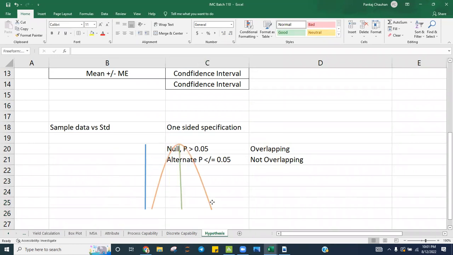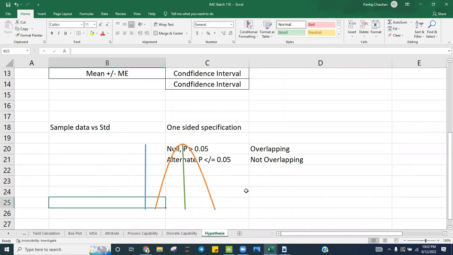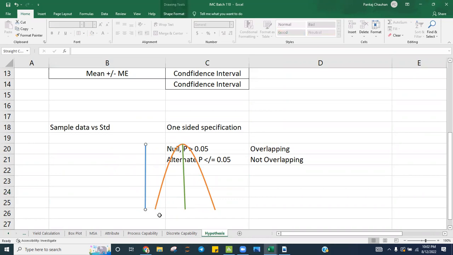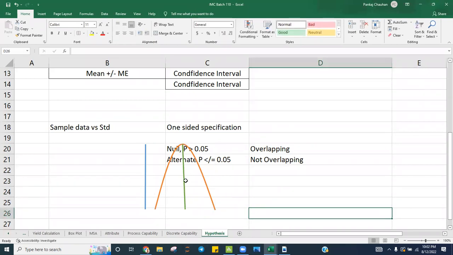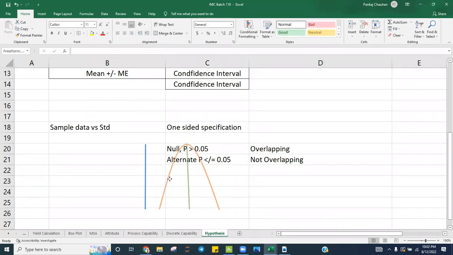If this value goes here, is there a difference or no difference now? There is a difference, but this difference is in your favor. Why? This was your target, suppose 80, and the minimum value you are getting is 82. You have achieved more than target. But in the statistical function, this will come as a p-value less than 0.05.